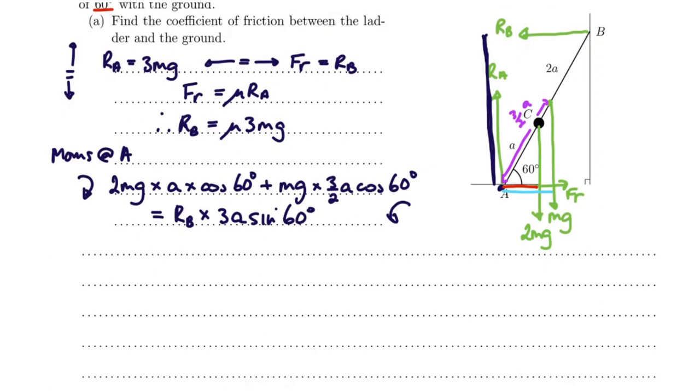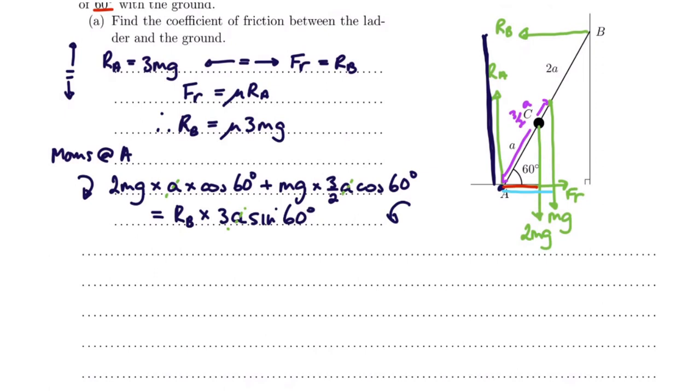You've got A in everything, so I'm just going to cancel out A. And then if you work out your cos 60s and your sine 60s, on the clockwise moments you've got 2mg cos 60 plus 1.5mg cos 60, so that's 5/2 cos 60.